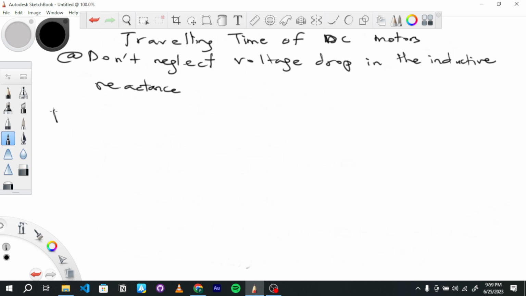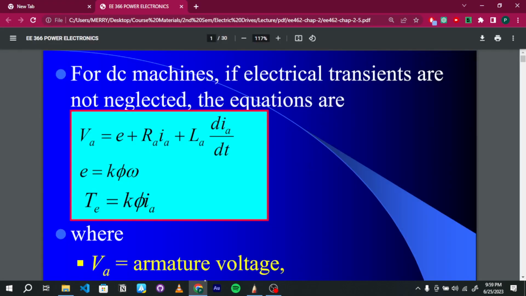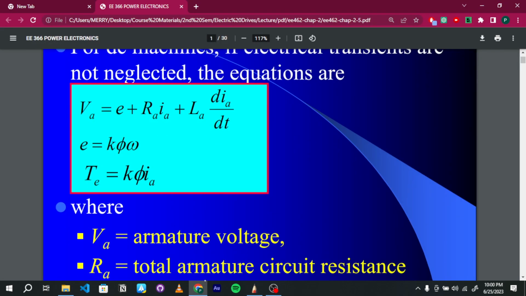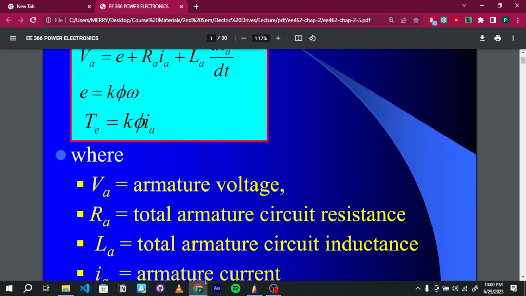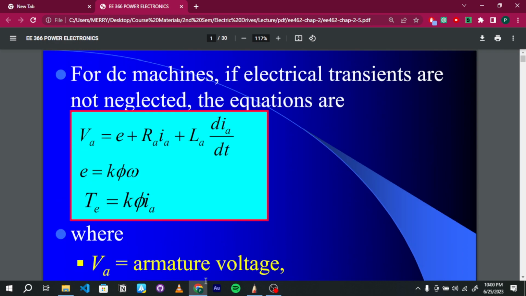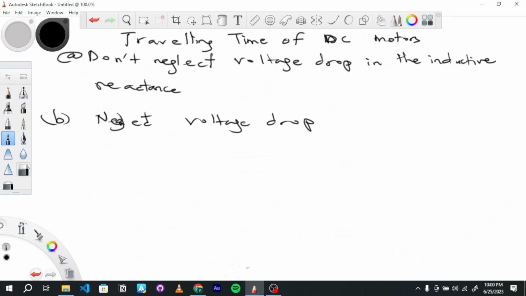And I think the other case is where you neglect the voltage drop. Let's move on.